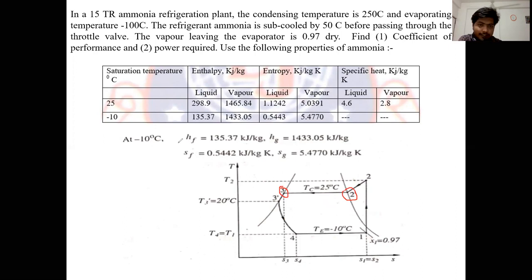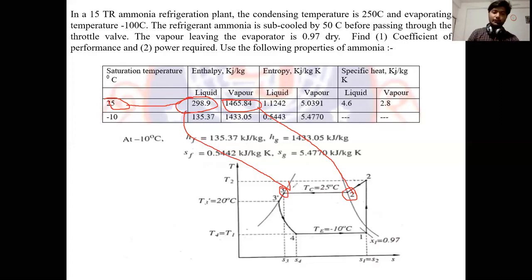Okay. Which points we already know: there is the enthalpy at point 3, enthalpy at point 2', corresponding to 25 degrees. Enthalpy here is 229, that is H3, vapor 1465, that is H2. Okay, HF, Hg2, also we say Hg2. The upper temperature side is represented by 2, and the lower side is represented by 1.